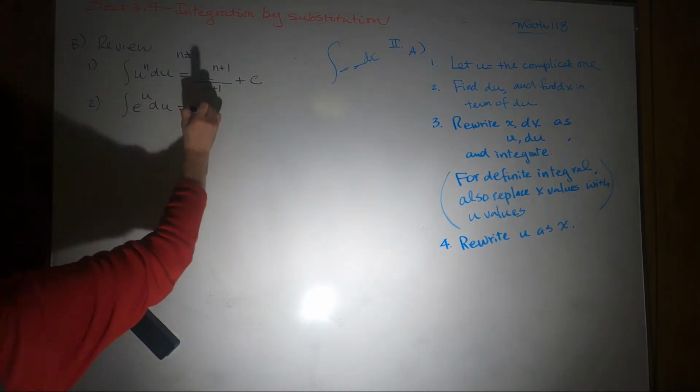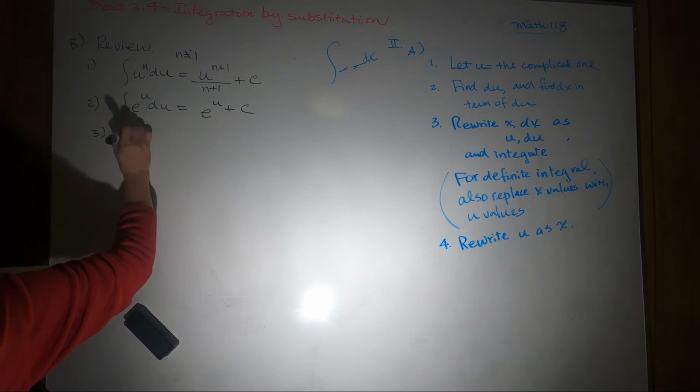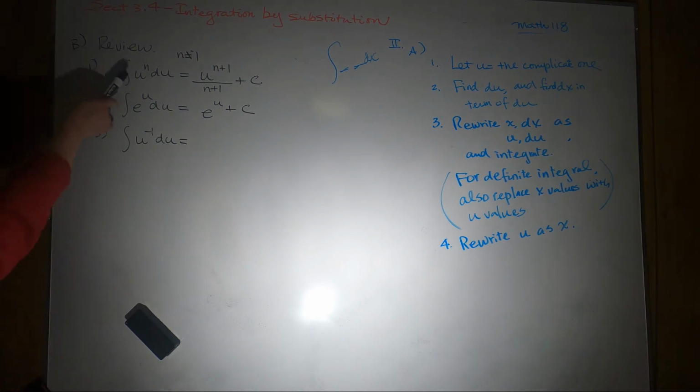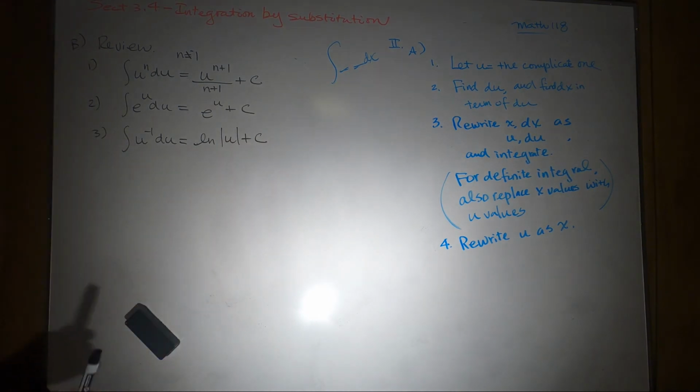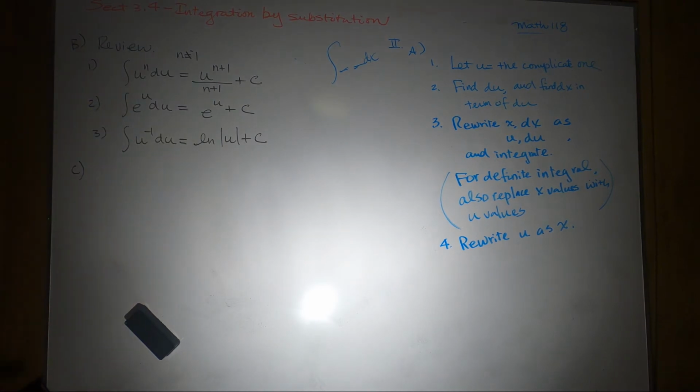For the exponential, it's itself, right? Then if it is u to the negative 1 power, we cannot use the power rule, we'll have to use the log, because if you take the derivative of the log, it will be u to the negative 1. So we are doing the indefinite integral, so we will have an arbitrary constant there. That's just in terms of u, right? Then we are going to replace the u with the complicated x thing.